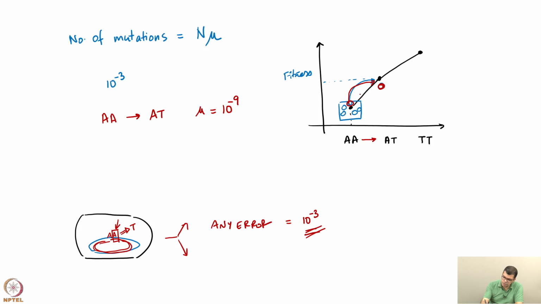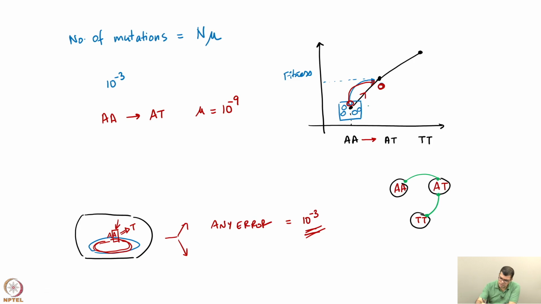And it is this fortuitous event that is reflected in the sequence space when I am connecting AA and AT with an edge. So, I have 3 nodes here. These are the 3 nodes, and I am connecting AA and AT with an edge and AT and TT with an edge, but not AA and TT.